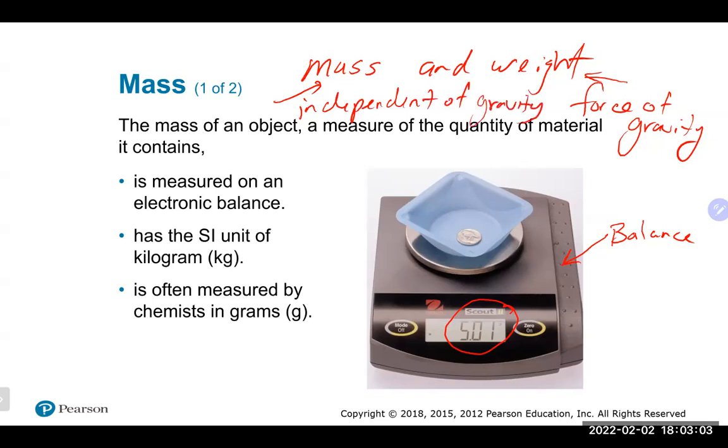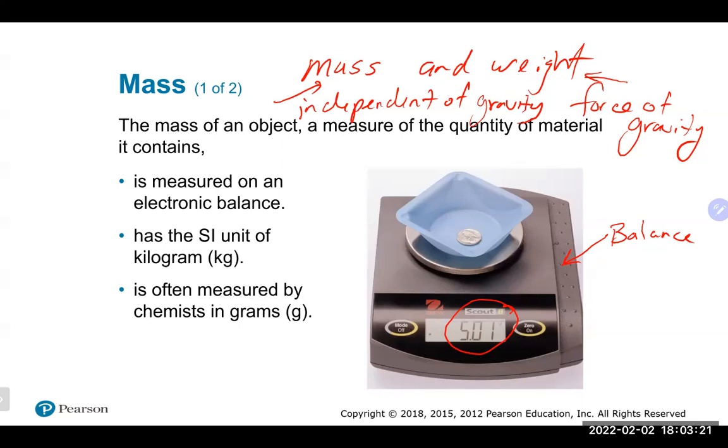So if you weighed yourself here or on the moon, you would weigh differently. But technically speaking, the mass in both locations would be the same because it's independent of the force of gravity.